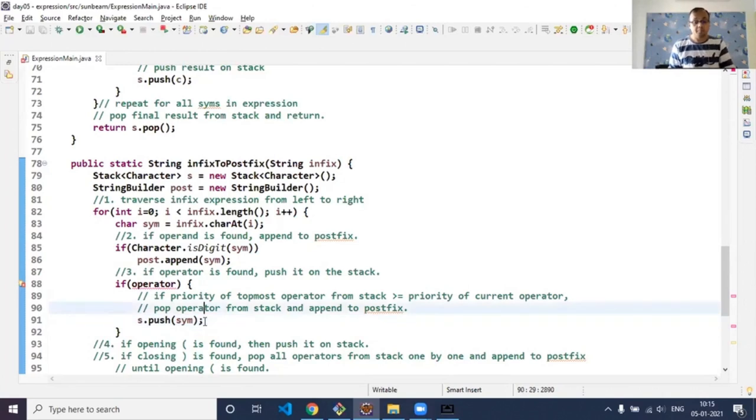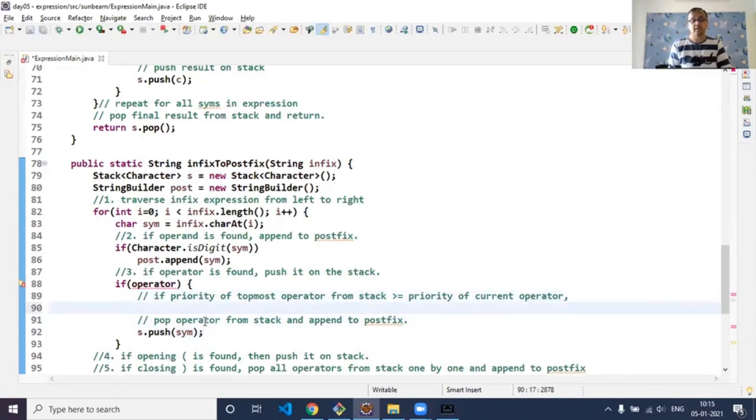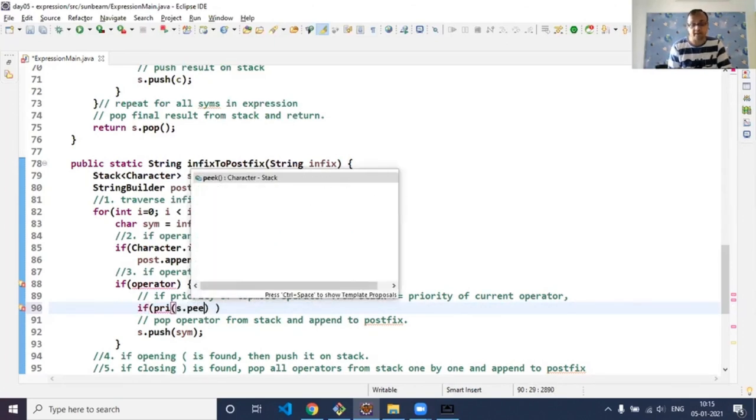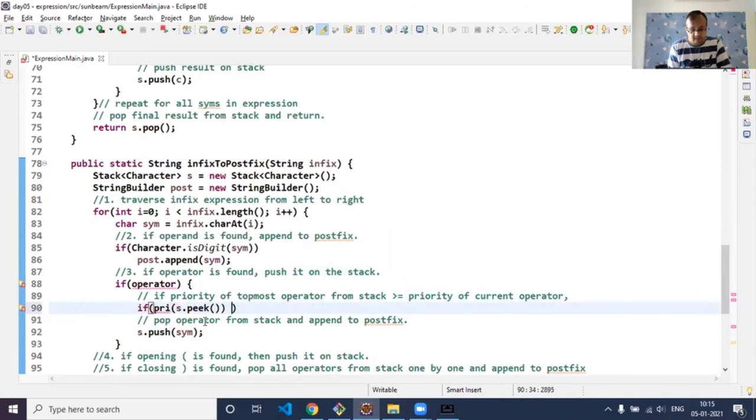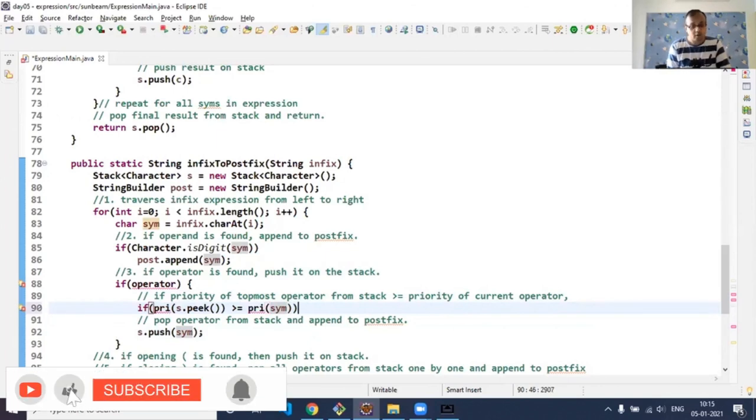That is fine. But what we need to check extra: see it carefully, if the priority of the topmost element of the stack is greater than or equal to the priority of the current operator, what is to be done?